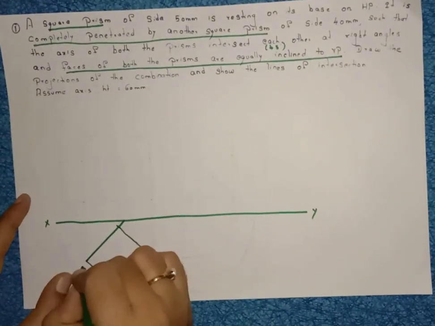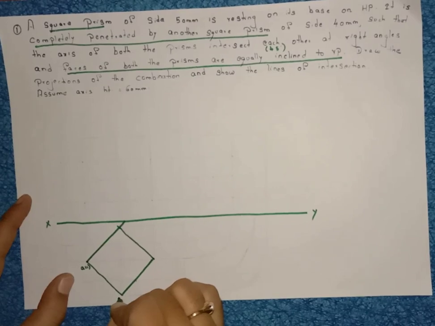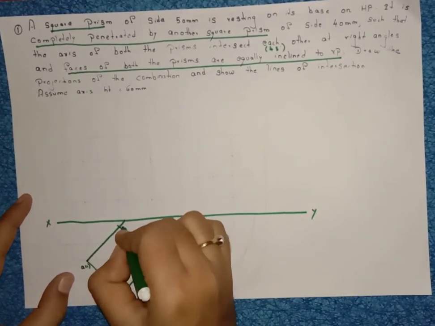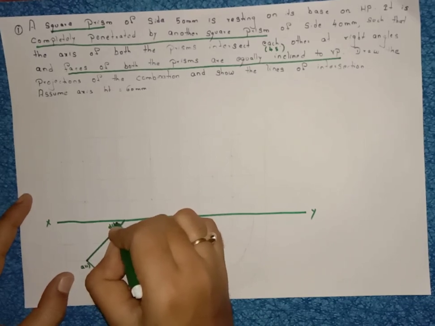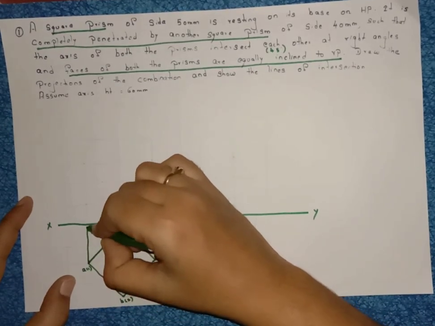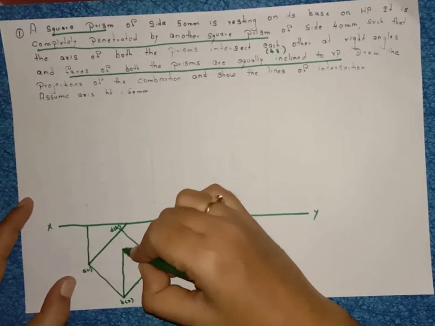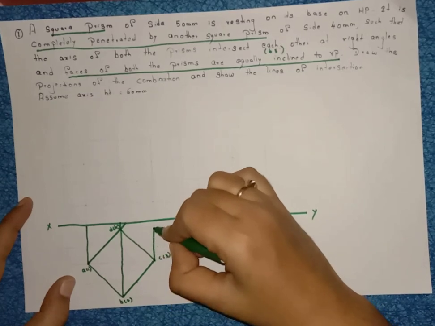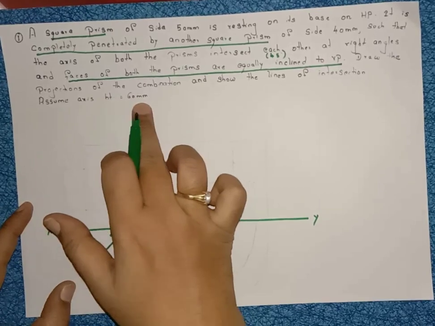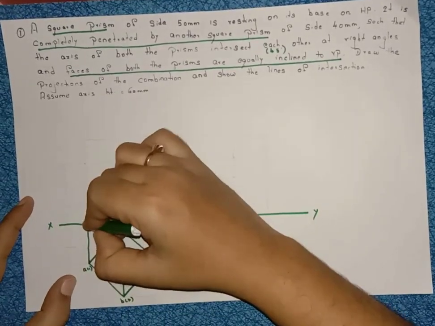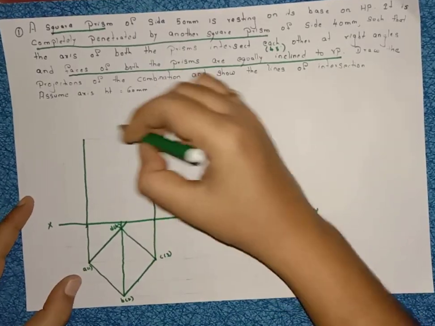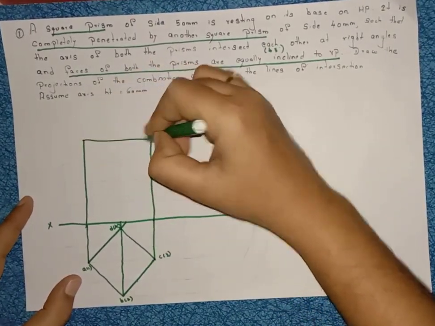Name the points a1, b2, c3, and d4. Now we project point A, then points B and D, and then point C. How much is the axis height? Assume axis height is 60 mm. Take axis height 60 mm and construct the prism here.